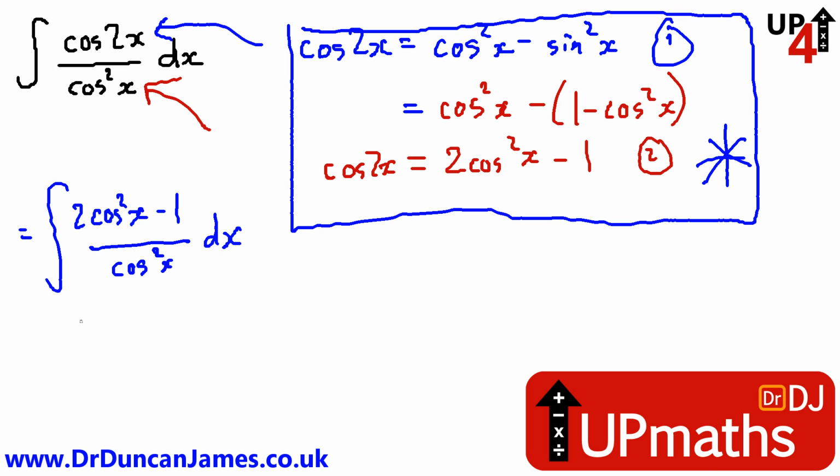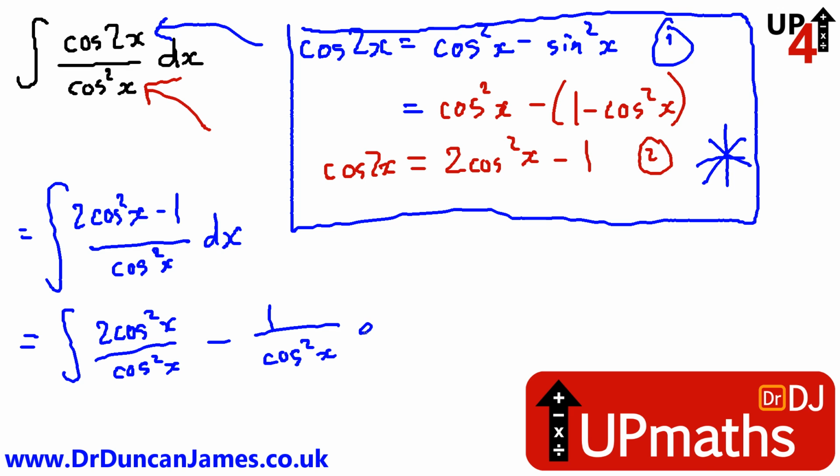So good chance that you spotted as well as me that, oh look, I can split this into two fractions because there's only one thing on the bottom. So that would be the integral of 2 cos squared x over cos squared x minus 1 over cos squared x dx.